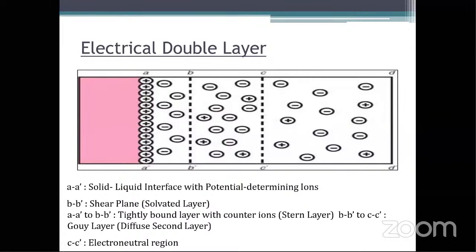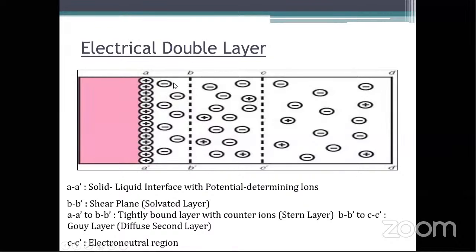Next, A dash, after that B dash, next C dash, after that D dash. Just see how many layers are there: A dash to B dash, then B dash to C dash, then C dash to D dash. Immediately adjacent to this interface A dash, one region is there, from A dash to B dash.